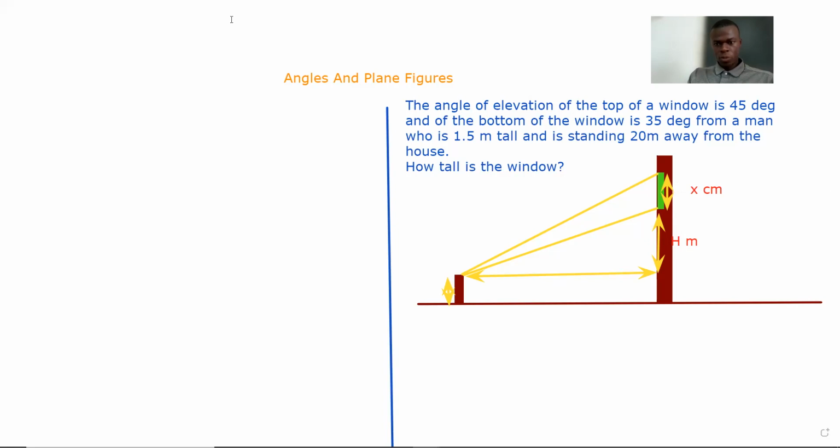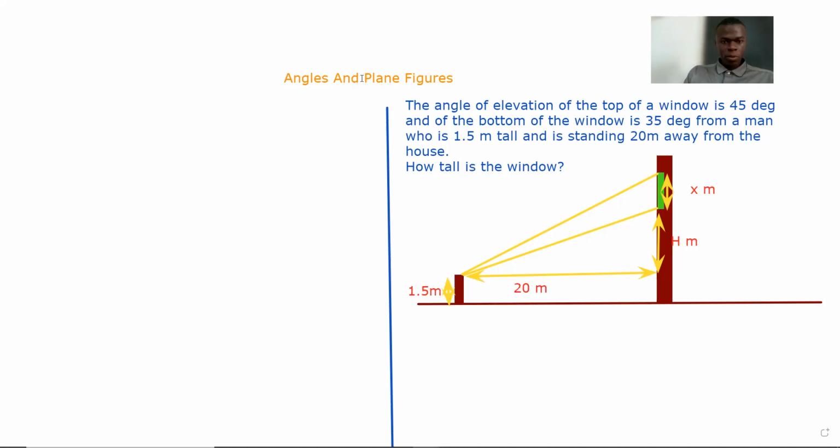Even the one on top, it should have been in meters because everything is in meters. Then right over there we have 20 meters. The man is standing 20 meters away from the house. And over here we have his 1.5 meters. And it's X that you're looking for.